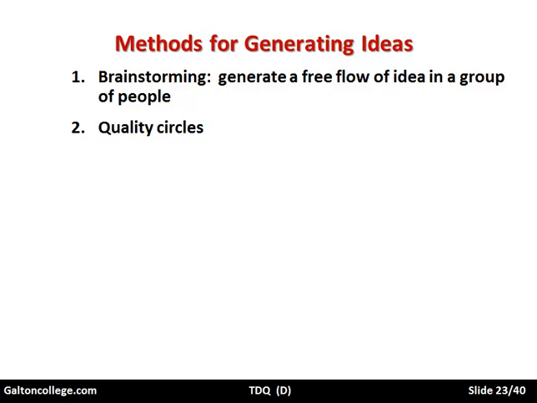And in this case, minutes could be kept and action plans could be set out, and people asked to look into certain problems and report back for the next meeting, so that there is a more formalized way of looking at quality and ways of improving quality.